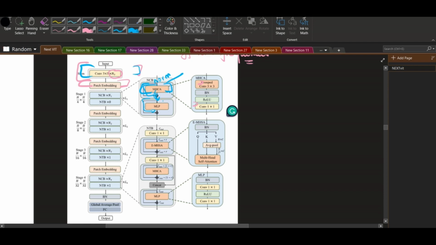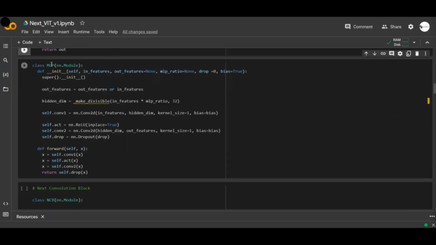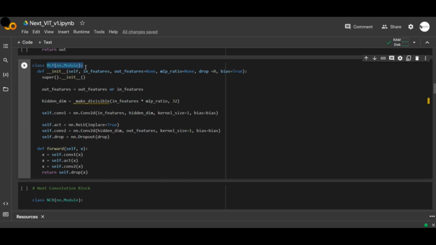Now we're looking at this component, the multi-layer perceptron, right here. Just to be clear, this multi-layer perceptron in the MetaFormer paper, they refer to it as a channel multi-layer perceptron. Essentially, we can think of this as a ratio of hidden units to inputs.